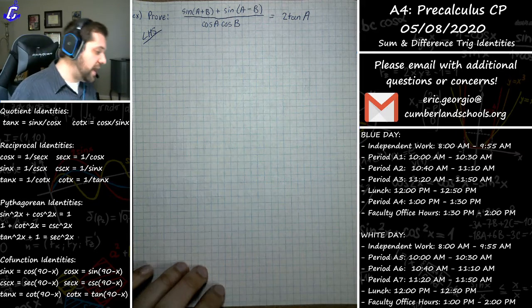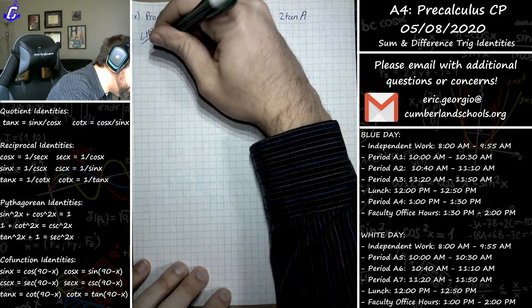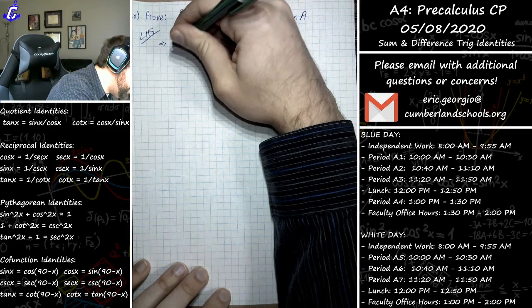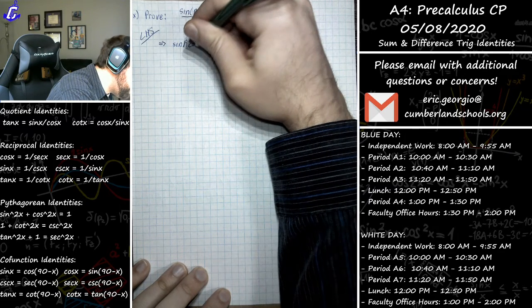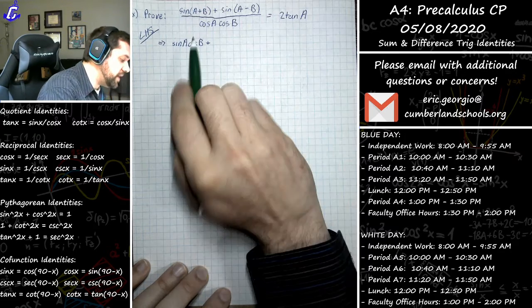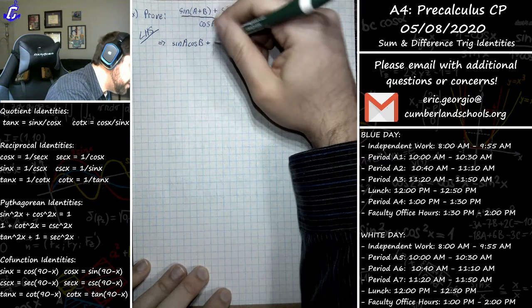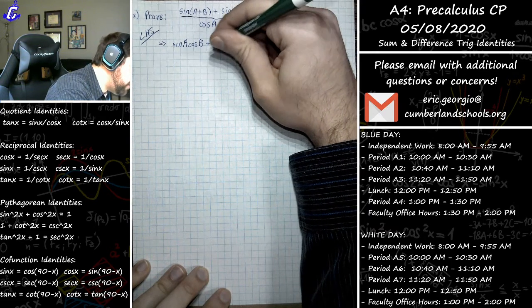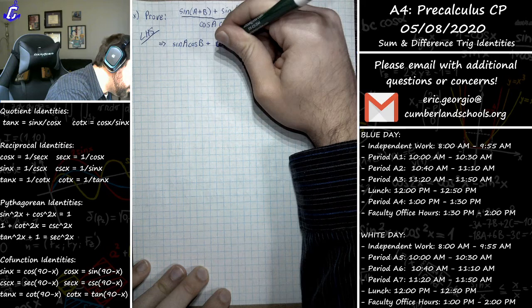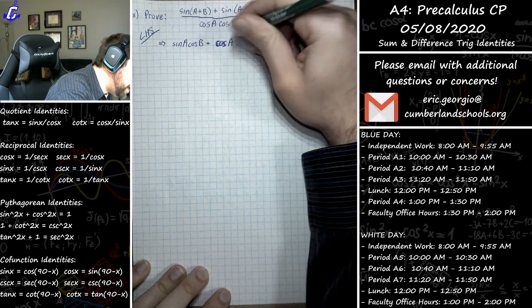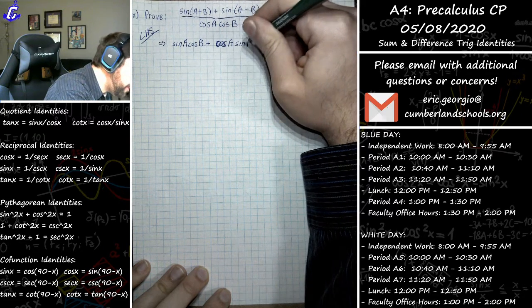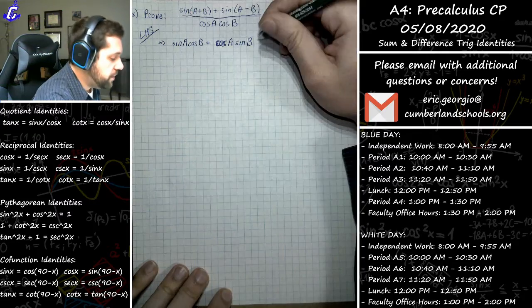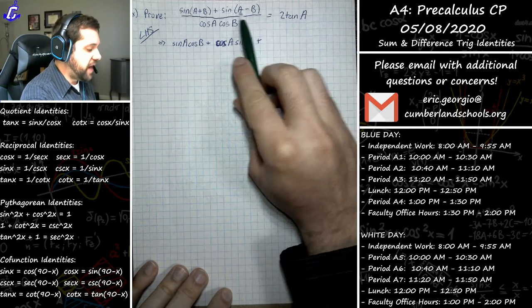Remember that the sine of a plus b is the same as sine of a cosine b plus, again, the sine stays the same, cosine rather, cosine of a sine of b. Plus, now we have sine of a minus b.